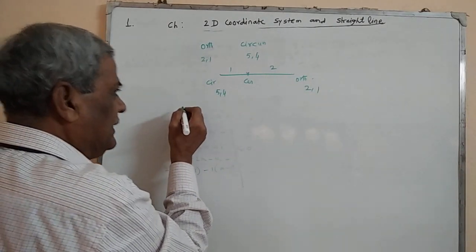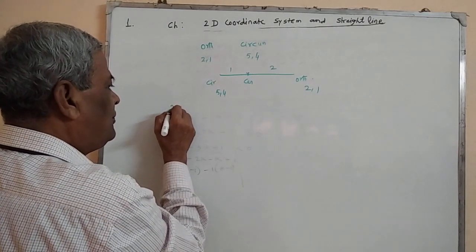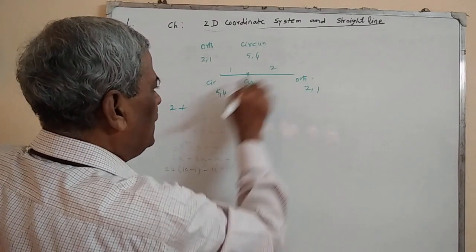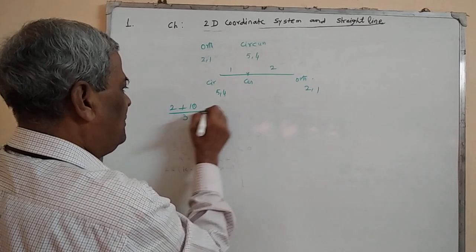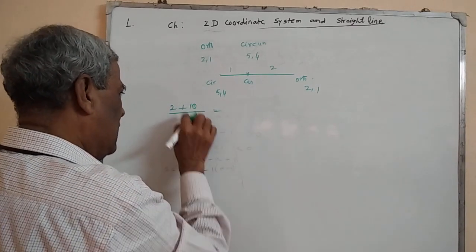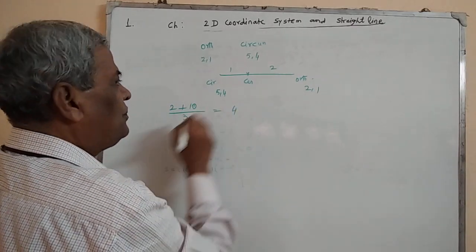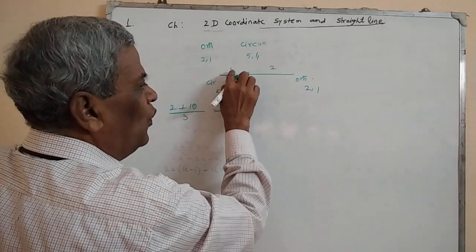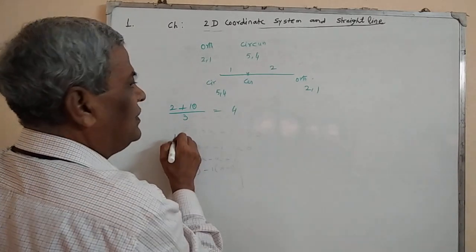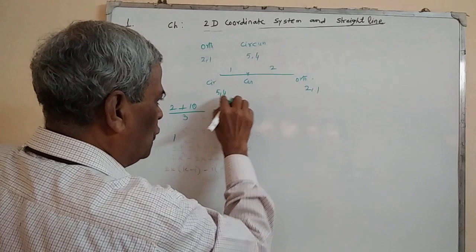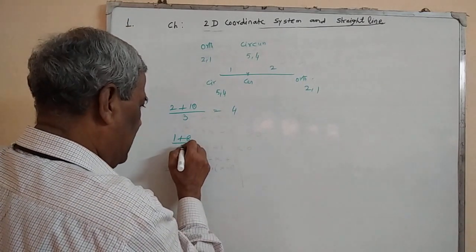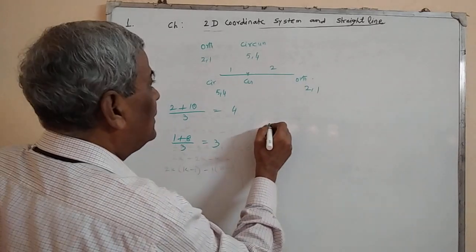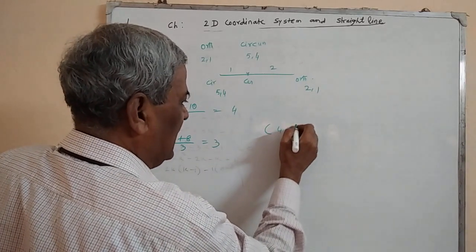So the centroid is 1 into 2 plus 2 into 5 divided by 3, that is 12/3, which is 4, and 1 into 1, that is 1, plus 2 into 4, 8, divided by 3, which is 3. Then 4,3 is the answer.